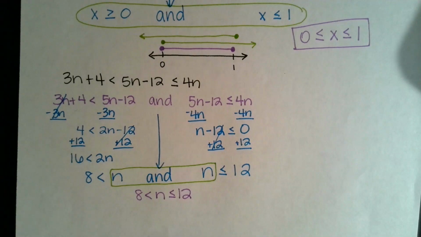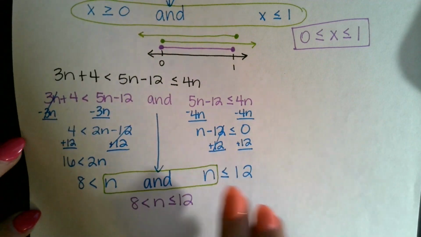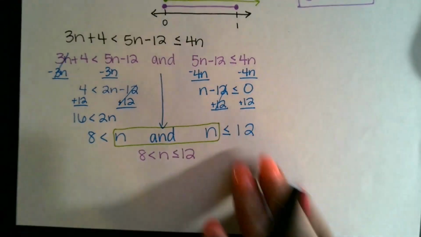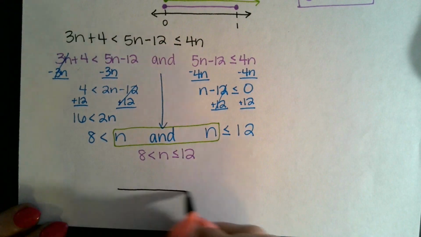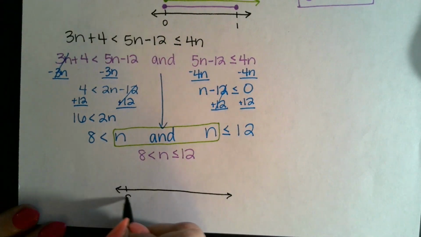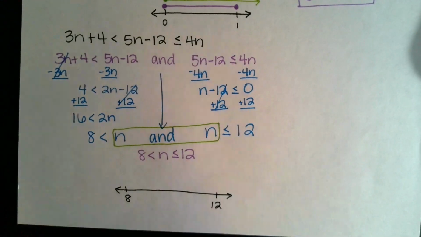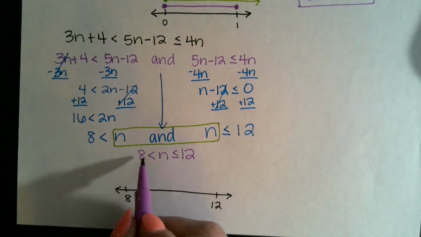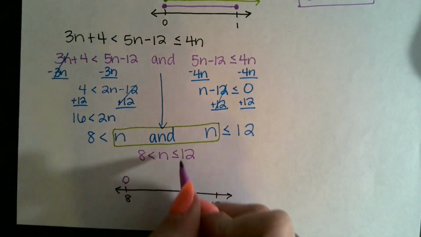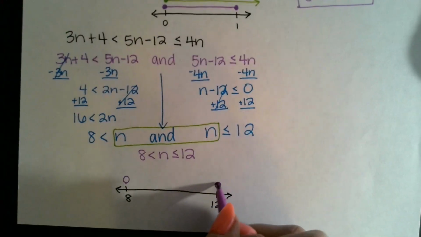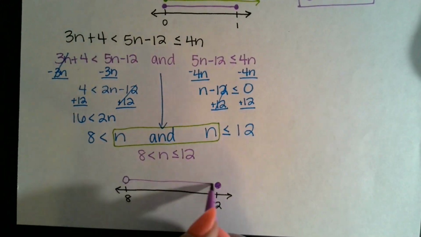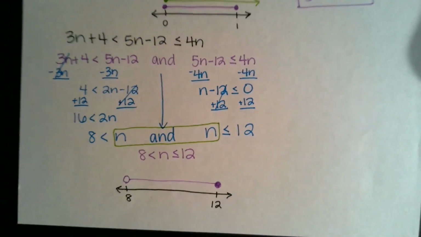And we love when a statement is in compact form because that is the easiest way to graph an and statement. So here's my number line. It goes from 8 to 12. 8 has an open circle, 12 has a closed circle, and then you connect them. And that is it.